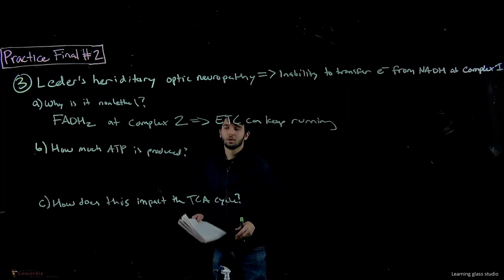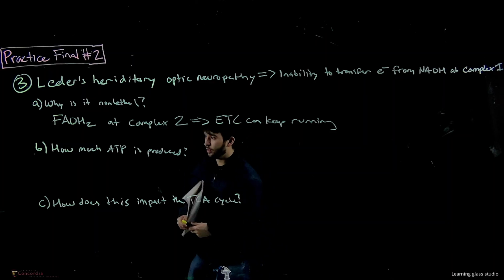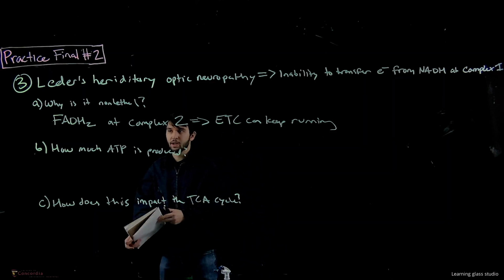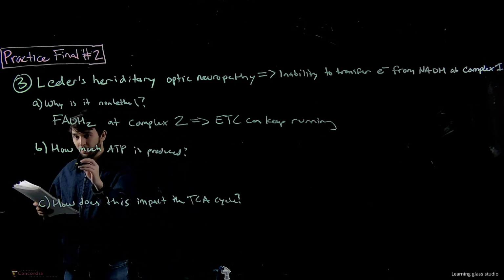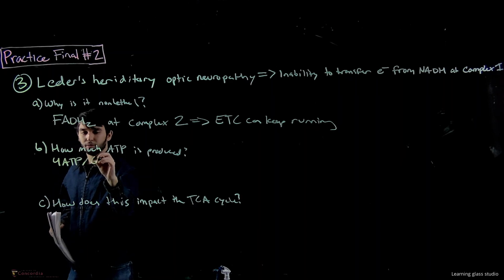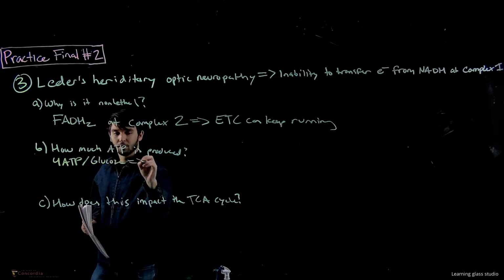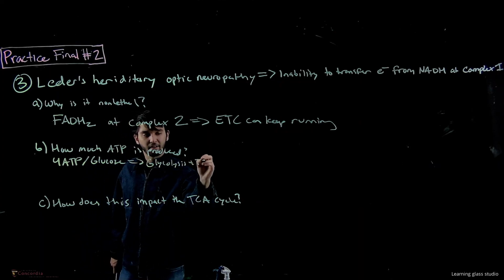Okay, so now the next question is a bit more difficult. How much ATP is produced? We know that we are getting 4 ATP per glucose from glycolysis and the citric acid cycle.